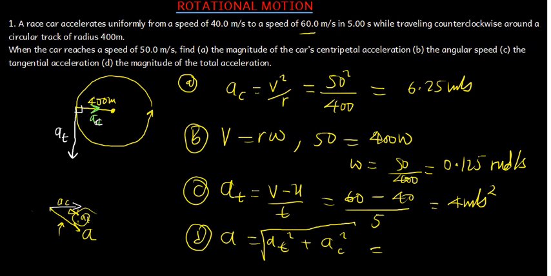So tangential acceleration is 4 squared, and then radial or centripetal acceleration is 6.25 squared, and then we square root that. So we are going to find the value that is 7.42. It is going to be in meters per second squared. Alright.